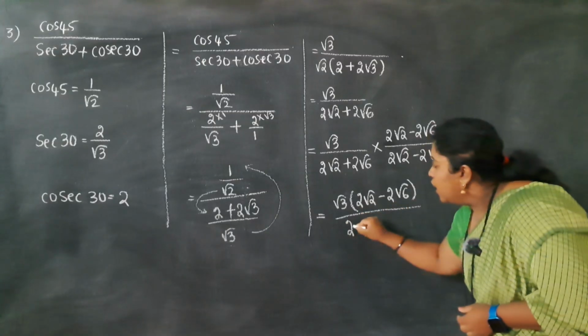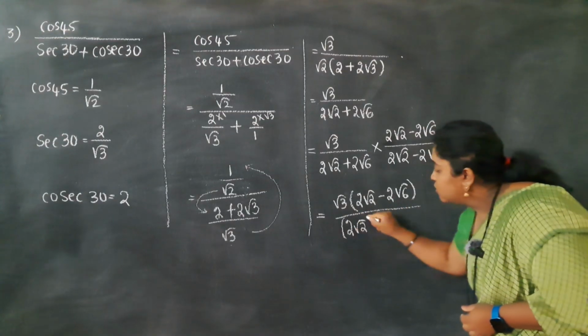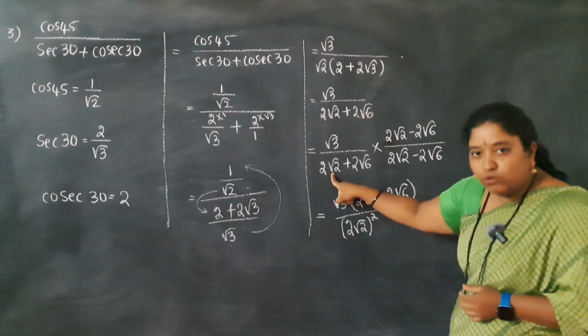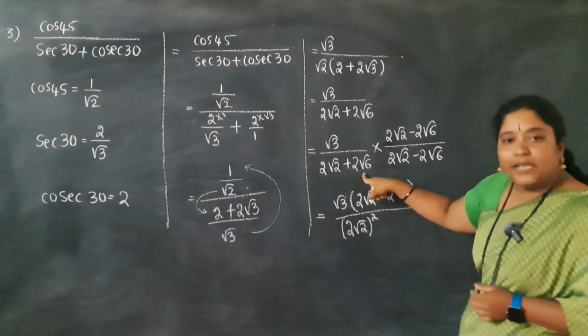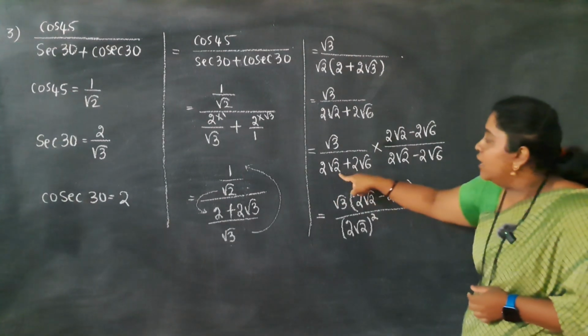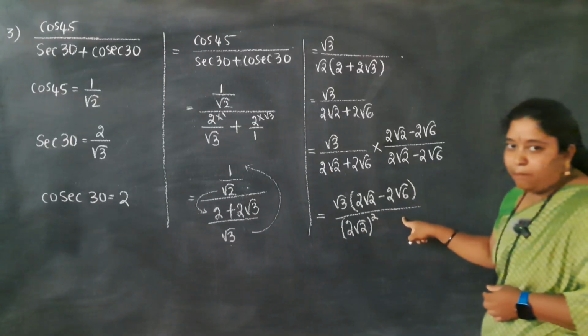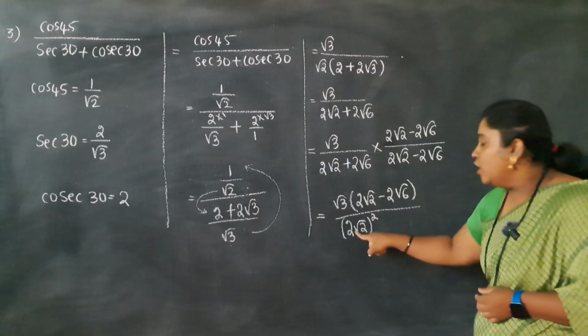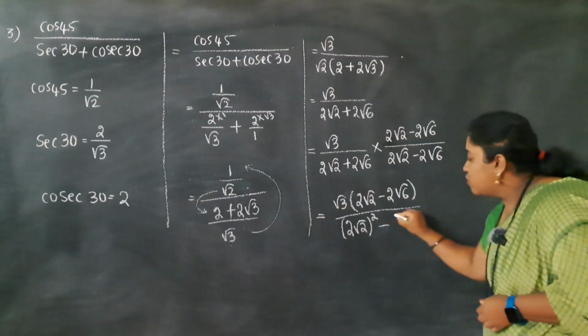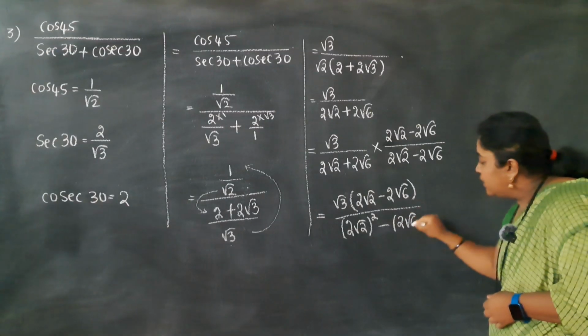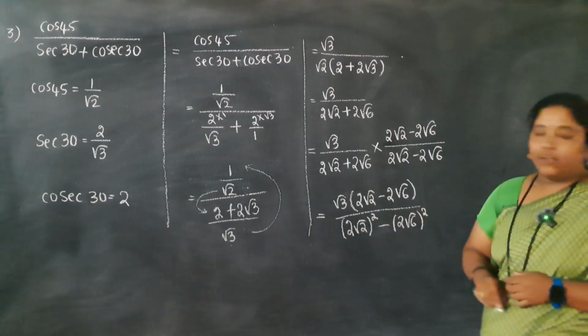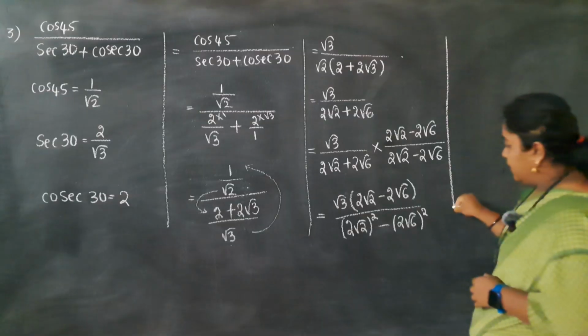That is nothing but 2 root 2 the whole square, in place of a you have 2 root 2, minus, in place of b you have 2 root 6. Yes or no? A plus b into a minus b is equal to a square minus b square. A square is what? 2 root 2 the whole square. B square is what? 2 root 6 the whole square. Okay, we'll simplify this one further.